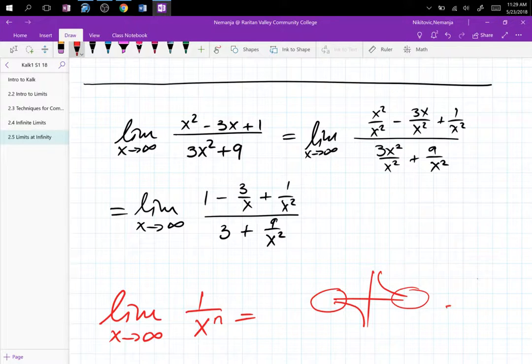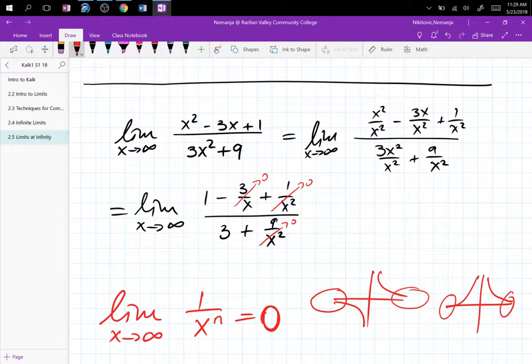If you draw 1 over x squared, this side goes to 0, this side goes to 0. 1 over x to the n goes to 0. End of story. Which is the reason why each one of these dies, and the only thing you have left is 1/3.